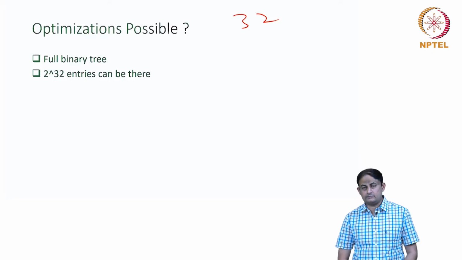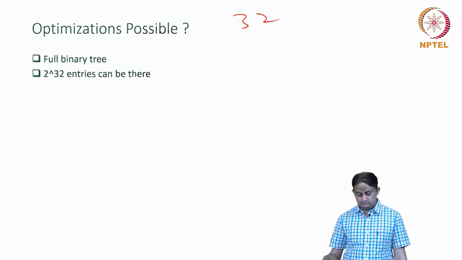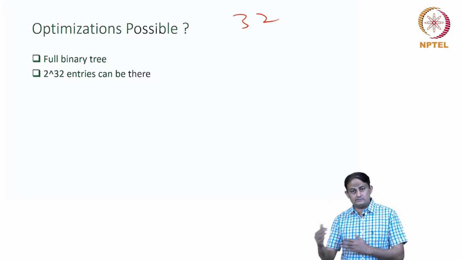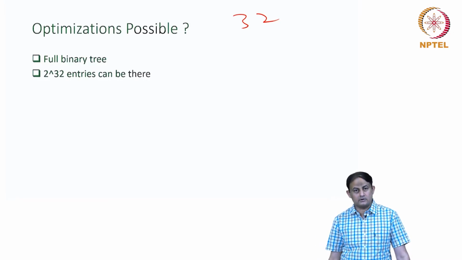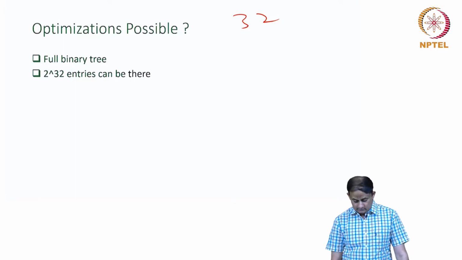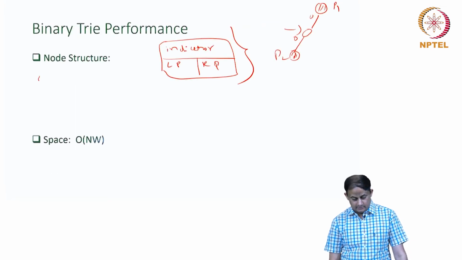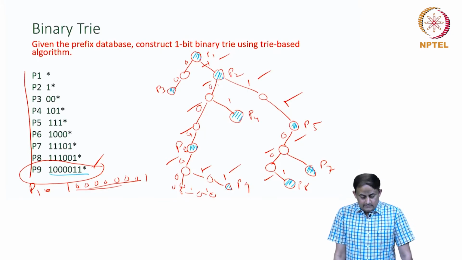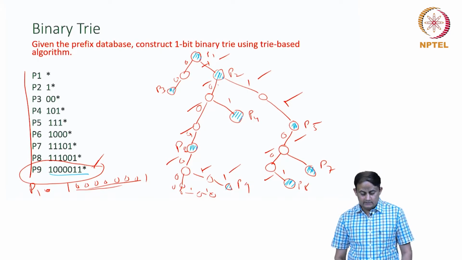Maybe reduce some of the unwanted nodes in the structure and then try to reduce the height of the tree. If you reduce the height of the tree, the number of pointer references would also reduce. So let us go back to the previous example that we had. What we notice is some of the internal nodes.